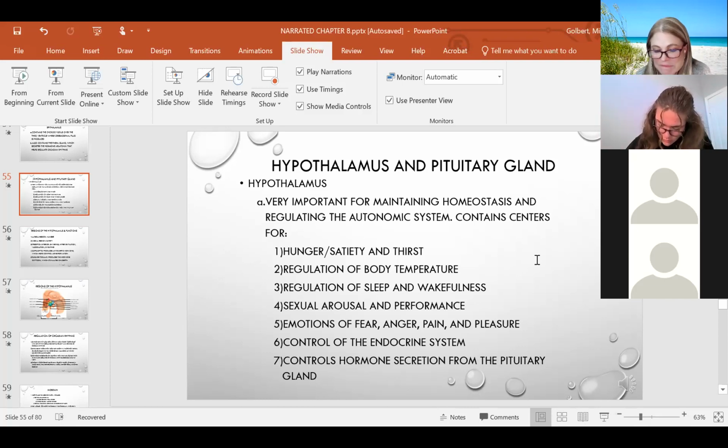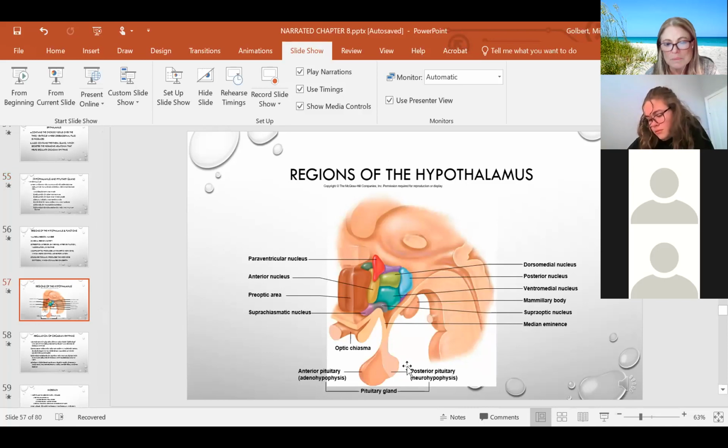And for chapter 11, we have to remember that it is very important in control of endocrine functions, and it controls hormone secretion from the pituitary. Because the pituitary, when you look at this picture, hangs from this region here with all the colors, which is the hypothalamus.